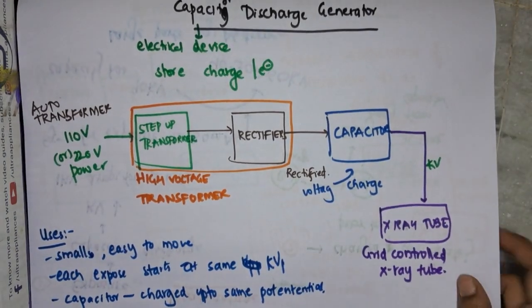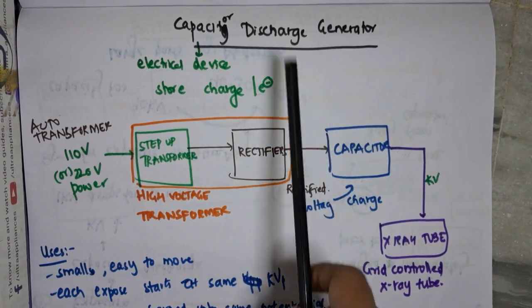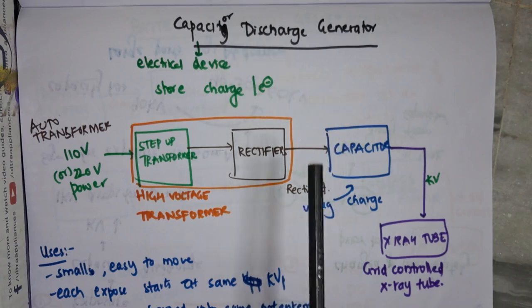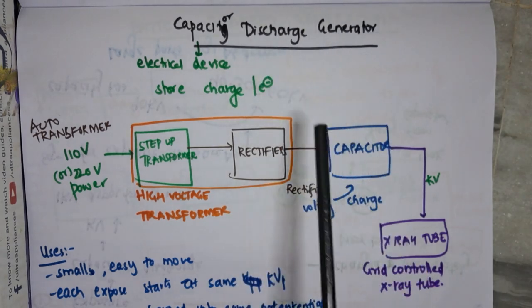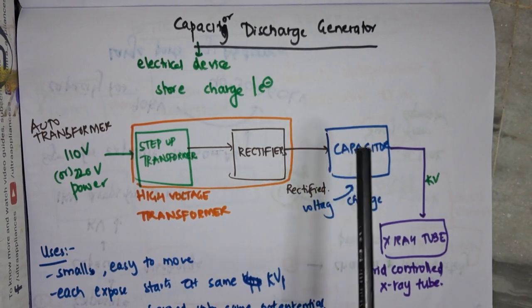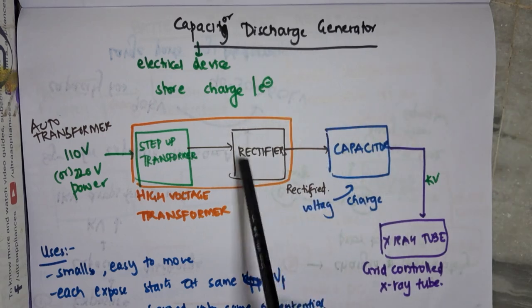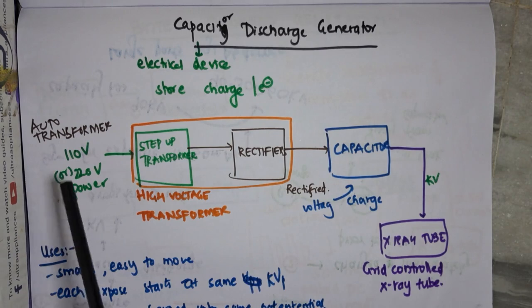So first we have the capacitor discharge generator. This capacitor discharge generator is an electrical device which will store charge or electrons. What happens is there is an auto transformer.